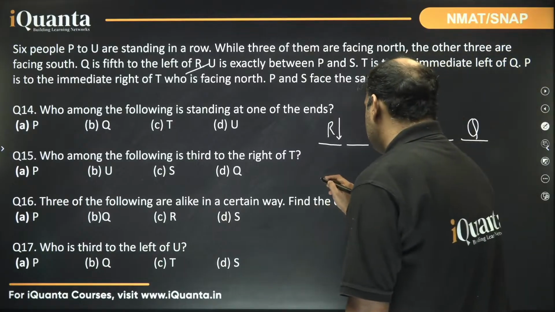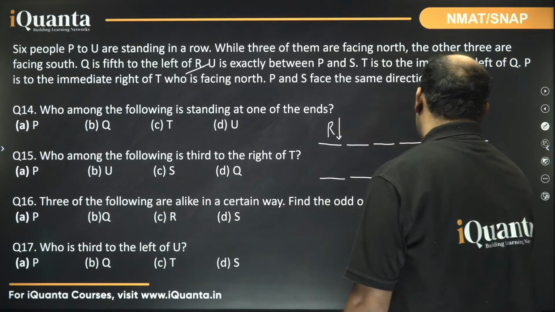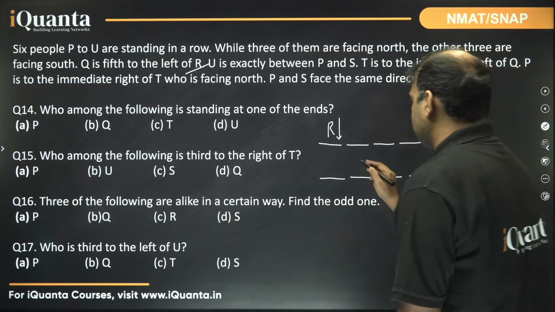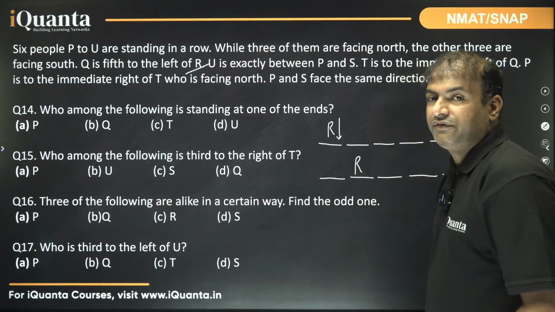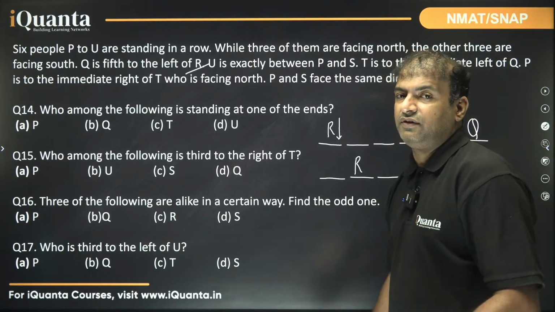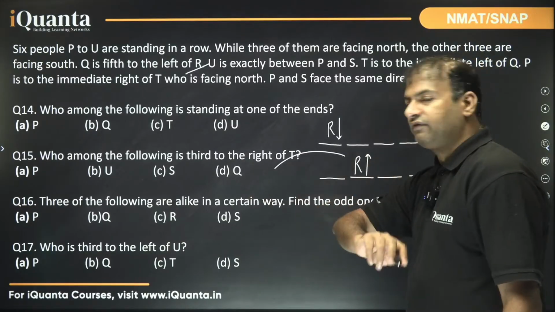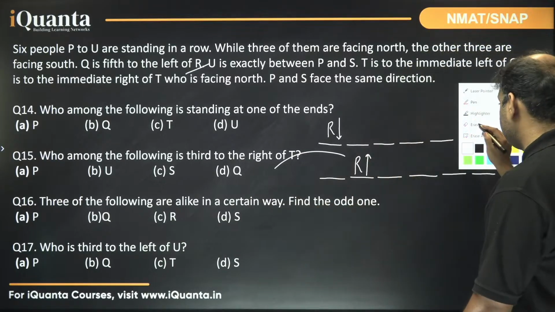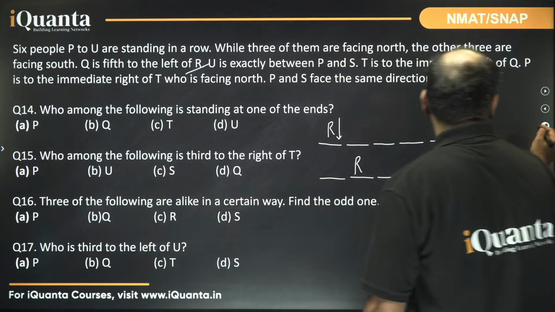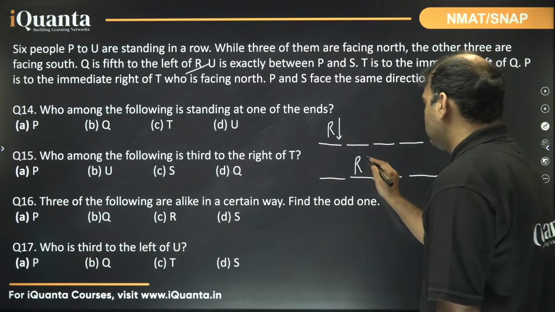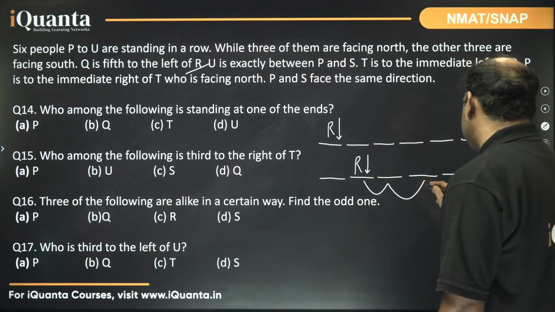If we keep going like this, I'm sure you will understand guys, R just cannot be here. If R is here, there is no one to the left of R in both the directions, right? If R is facing north, there is no fifth left. Similarly, in this case, if R is facing south, then also there is no place for the fifth left.